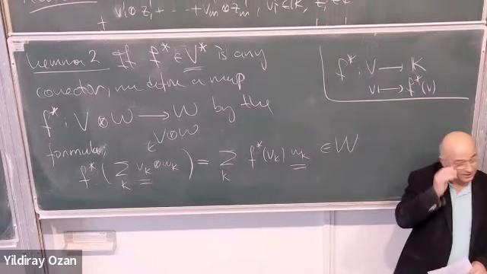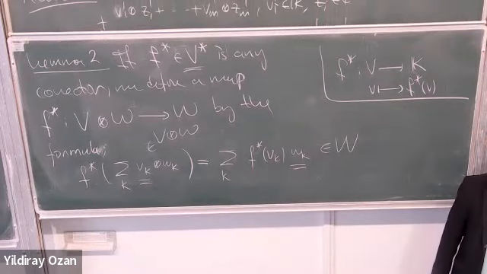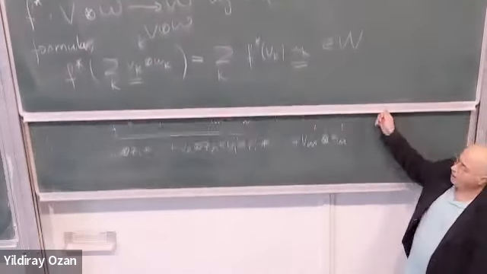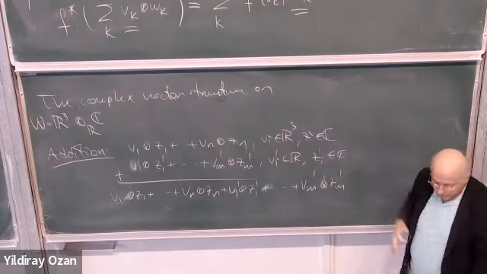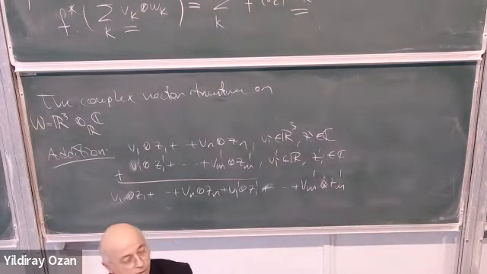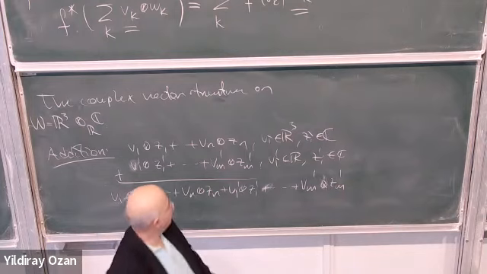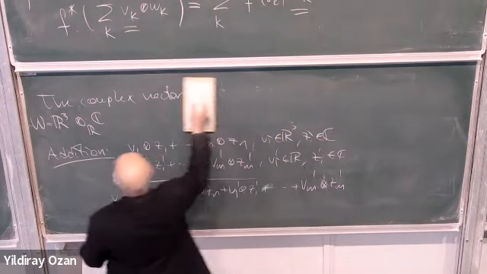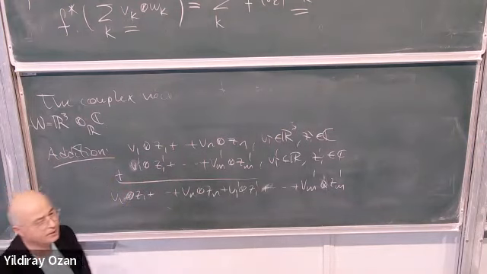Sure. Will you prove that F star is a linear map? Yeah, sure. We will prove that. It's not clear that it's a linear map.